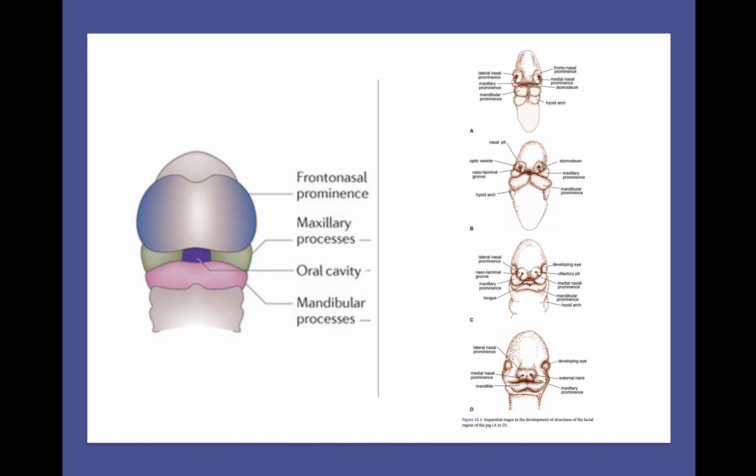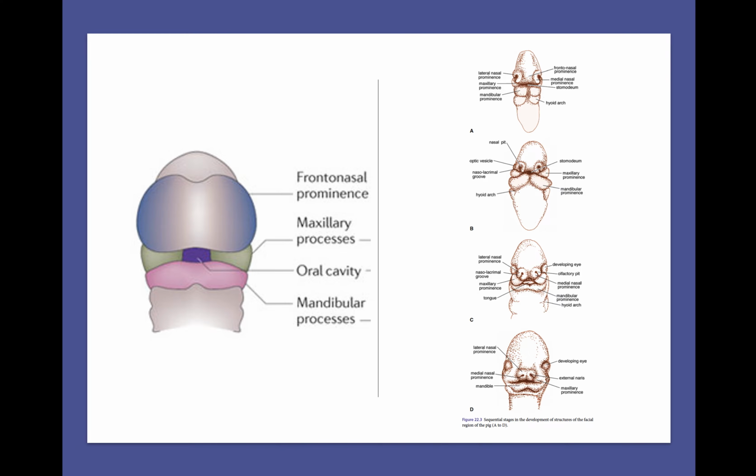At the area of the frontonasal prominence, which as I said develops in the area of the telencephalon, which is the area of the forebrain, there will be two ectodermal thickenings. One of them will be the nasal placode, and this will result in the formation of the nasal cavity, and the other one is the lens placode.